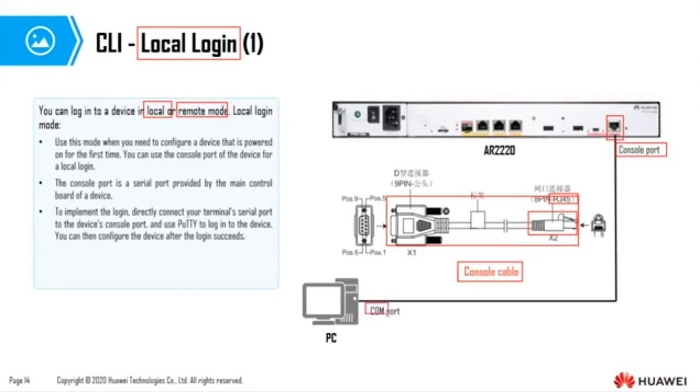Then on your computer, you might have a serial port called a COM port where you can connect this. So it is always important, for example, that when you're going to purchase the computer that your network engineer is going to use to monitor and configure the network, you check whether it has this serial port.